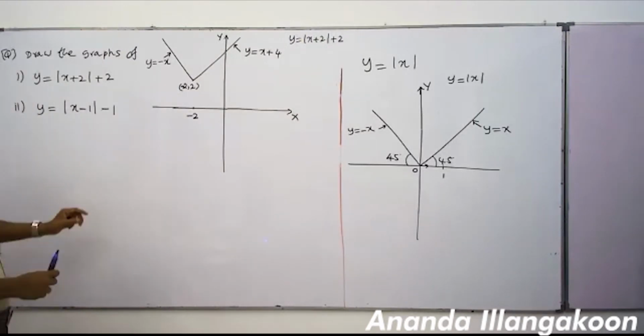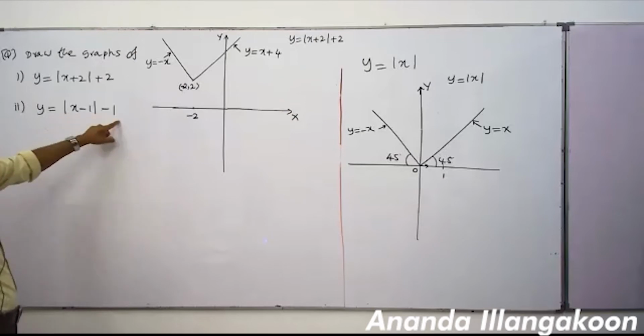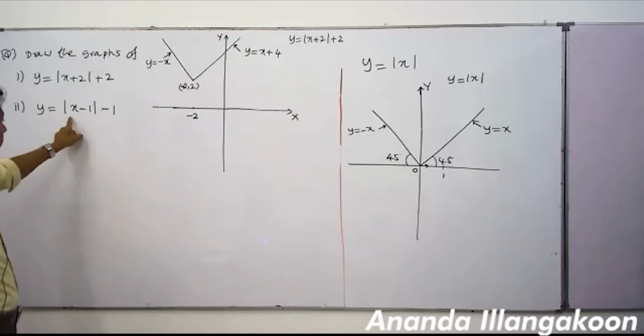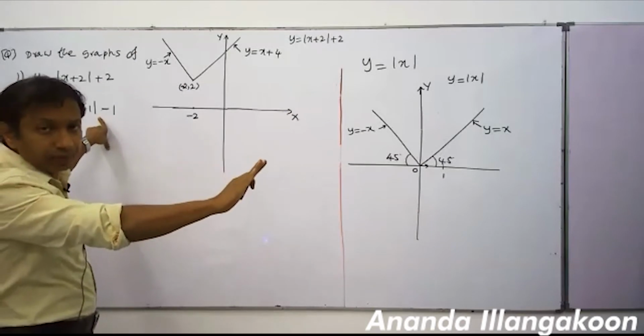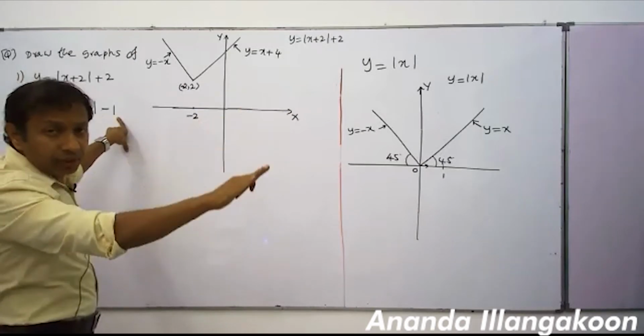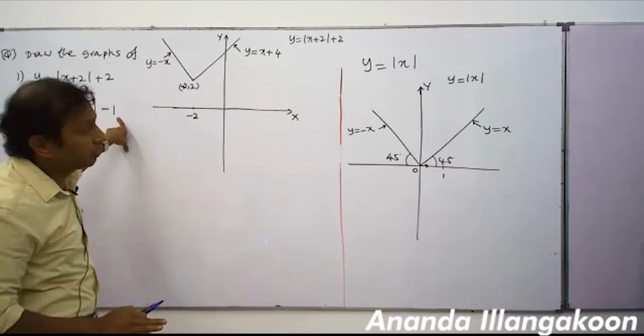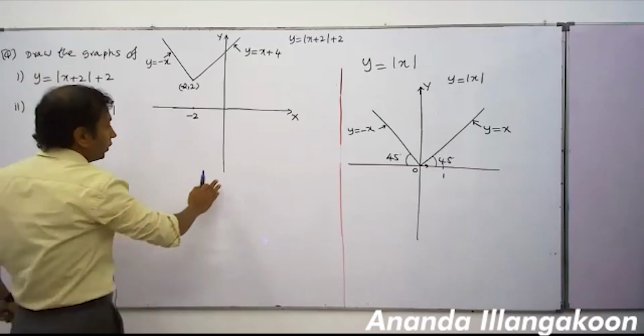This one, |x - 1| - 1. First, we draw this |x - 1| graph. We have to shift the |x| graph to the right. Since 1 has been subtracted, we have to take that downward by 1 unit. Okay, we draw that too.